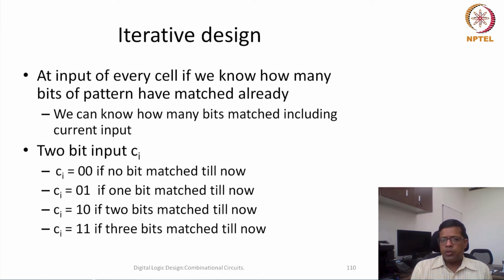Here we can also say generically that if my pattern has n bits, an n-bit pattern to be matched, then the number of bits in Ci would be equal to log n to the base 2. Which particular information should I call 0 0, which 0 1, 1 0 and 1 1?